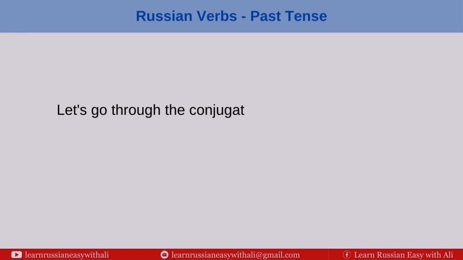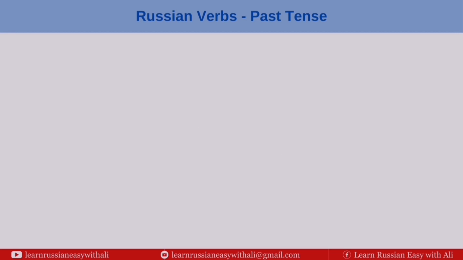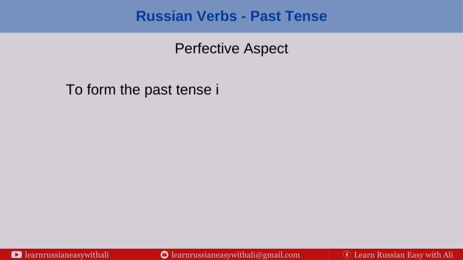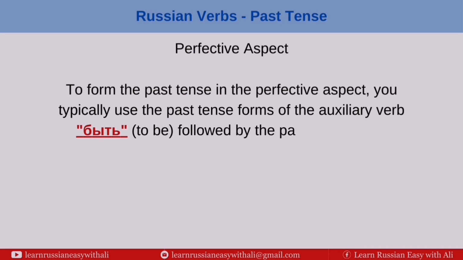Let's go through the conjugation of past tense verbs in Russian with two examples, one for each aspect. To form the past tense in the perfective aspect, you typically use the past tense forms of the auxiliary verb быть, "to be," followed by the past tense of the perfective verb.